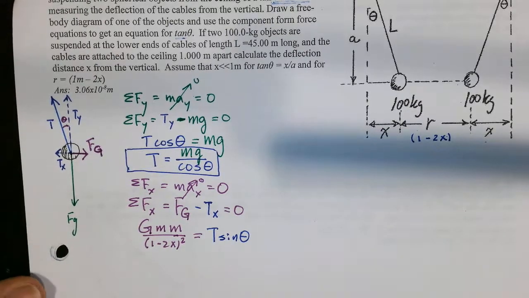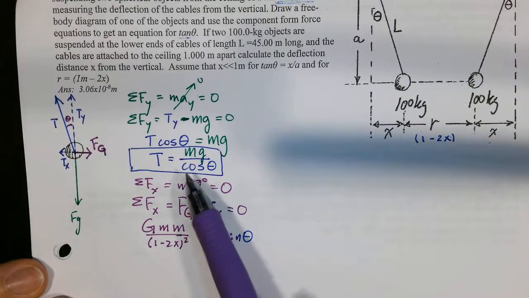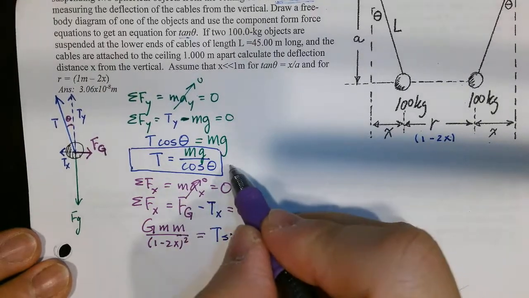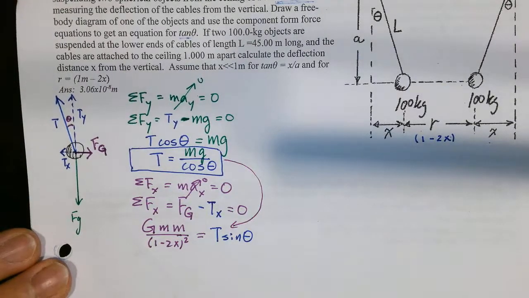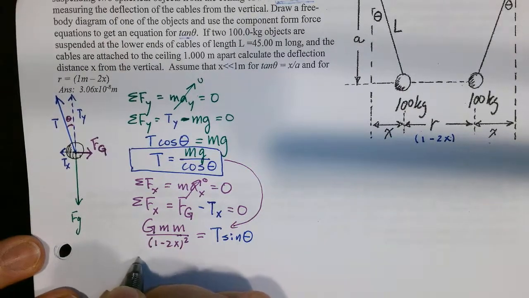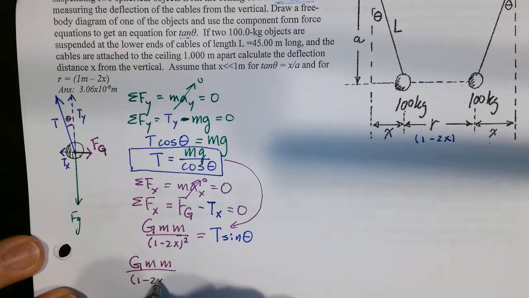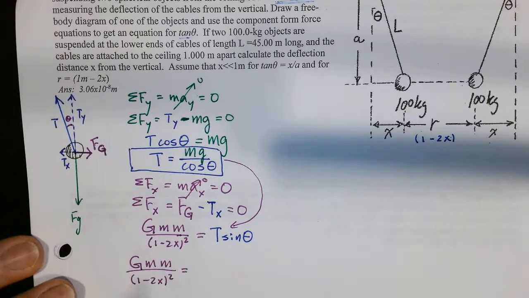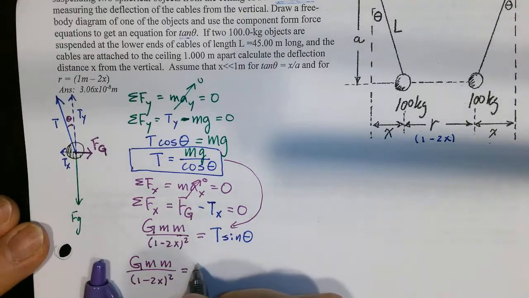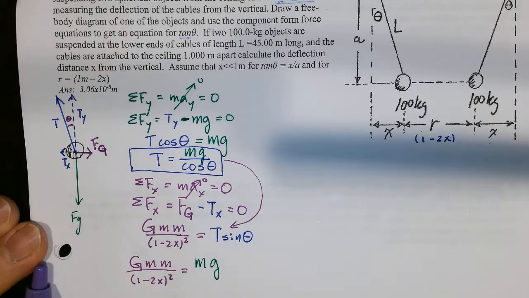So what's going on? If I substitute that T from here, I get G times M over 1 minus 2x quantity squared is equal to mg over cosine theta times sine theta.